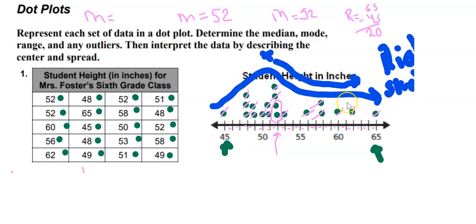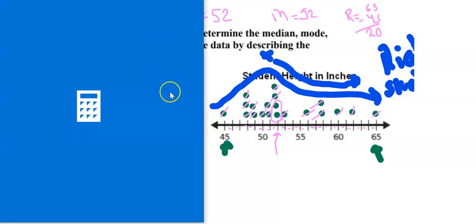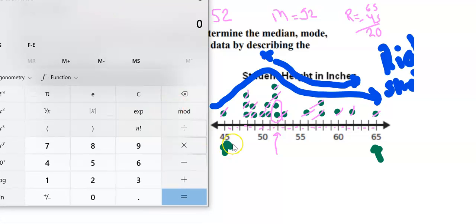Mean. So we're going to add all of these together and then divide by 20. I'm going to use a calculator just to make our lives a little bit easier for right now. You, on the other hand, would need to do that by hand. I'm going to start here and go across the dots. So we have 45 plus 46, 47, 48, 48, and 48. Then I'm going to add my 49s, and there are two of those.